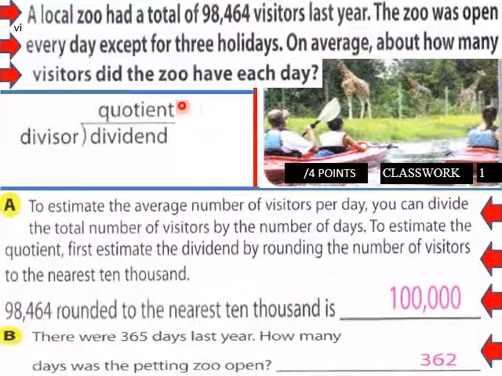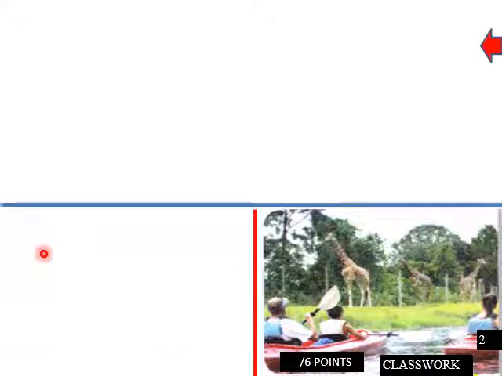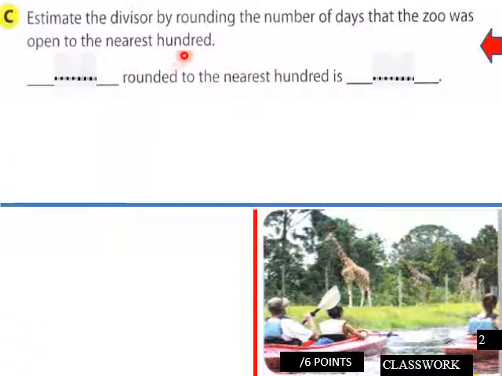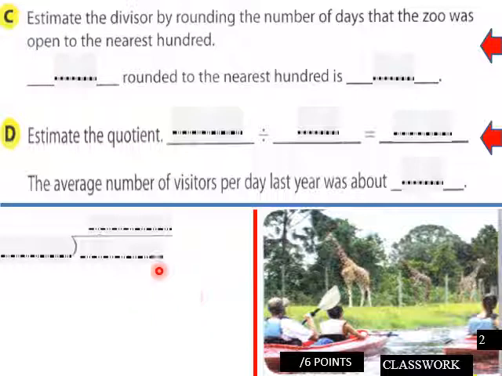And then 365 minus 3 days is 362. So now we can plug in to get our estimate. Estimate the divisor by rounding the days the zoo was open to the nearest 100. So we're going to round here to the nearest 100.